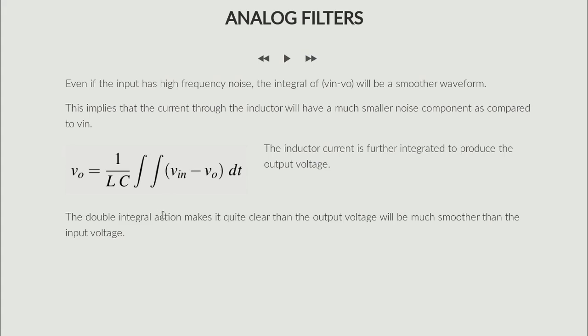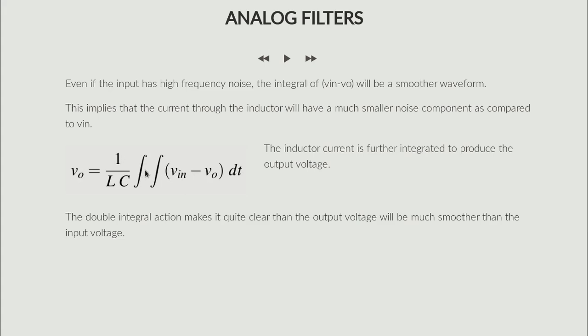You can pretty obviously see that the integral by its nature has a smoothing effect. The double integral is going to have a doubly smoothing effect. So the output voltage is going to be much smoother than the input voltage, by a factor of 2 because of this double integral.